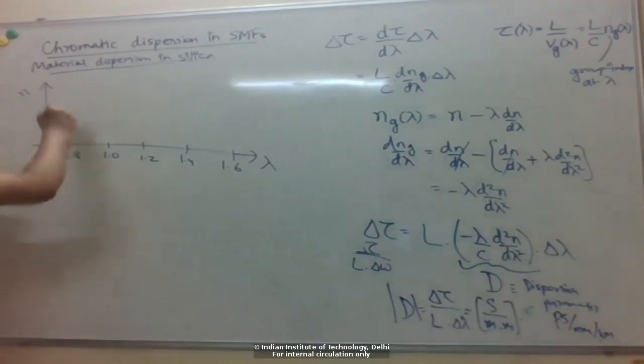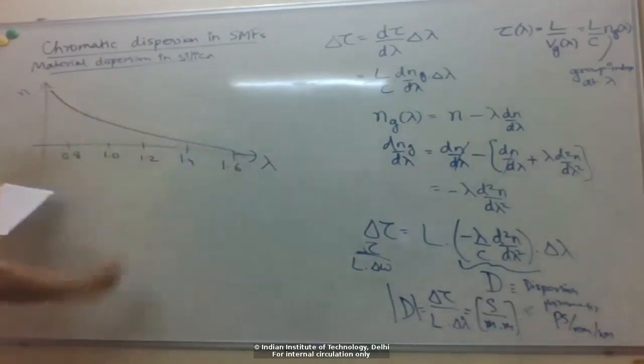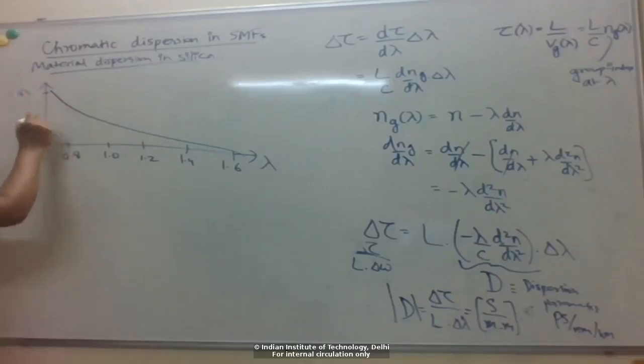So for basically all materials, as you increase wavelength, the refractive index goes down. Okay, this is true for any material and also for silicon. But the scale of the change you can see here. So this goes from 1.444 to here it's 1.456.